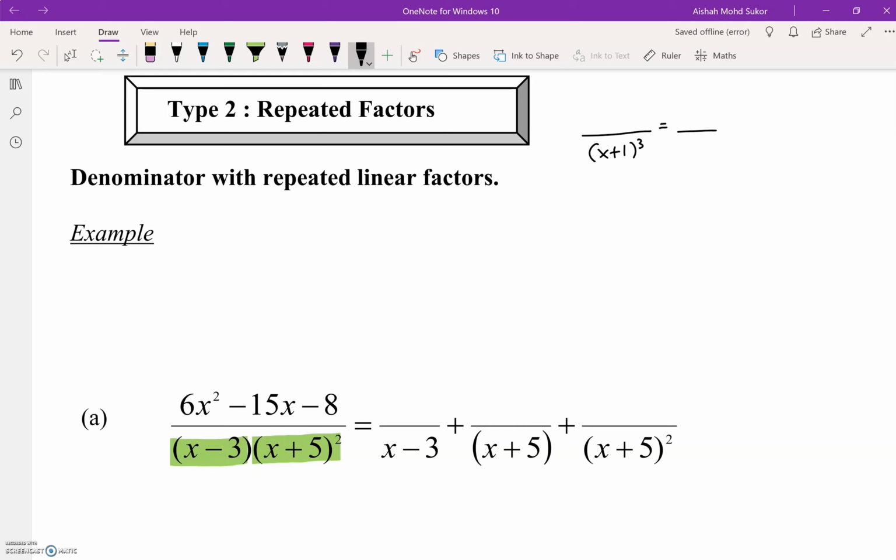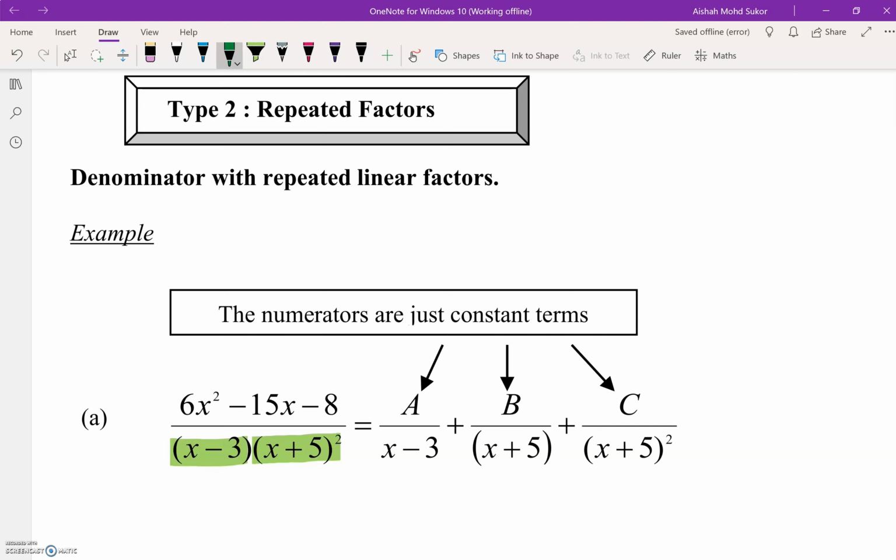So it will be x plus 1 to the power 1, plus x plus 1 to the power 2, plus x plus 1 to the power 3. Now, we go back to our example. If we have a linear factor or a repeated linear factor at the denominator, then the numerator will be a constant. So we have a constant a, a constant b, and a constant c.